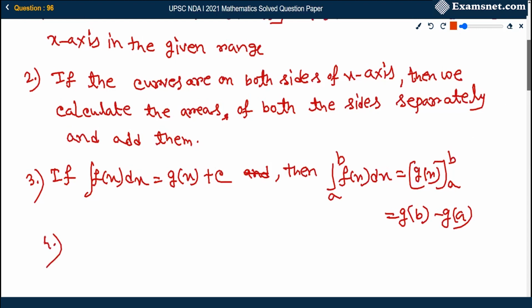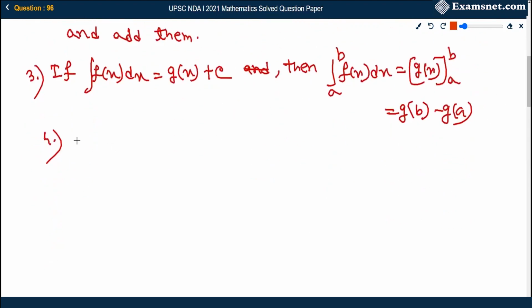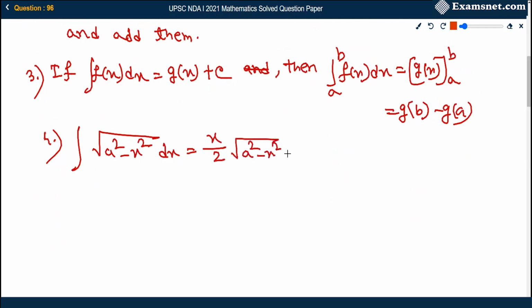And one more very important integration formula: the integral of square root of a square minus x square dx equals x by 2 times square root of a square minus x square plus a square by 2 sine inverse x by a plus c.